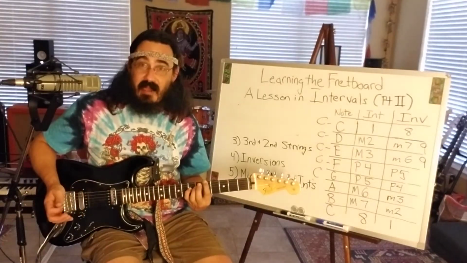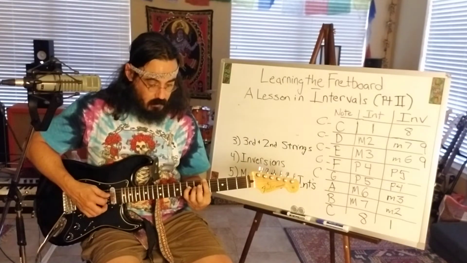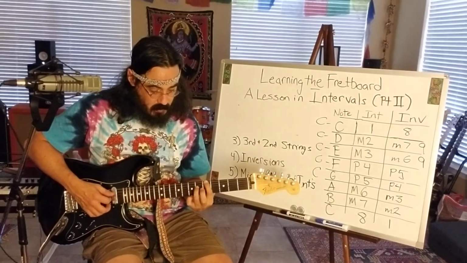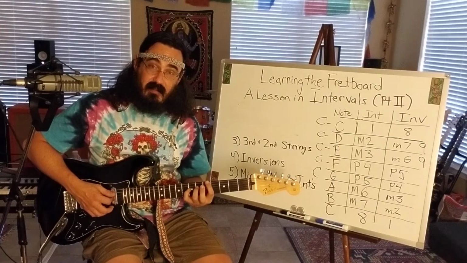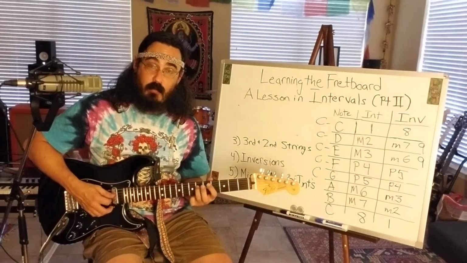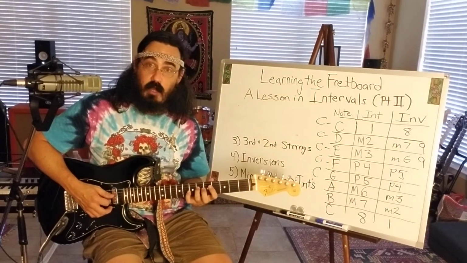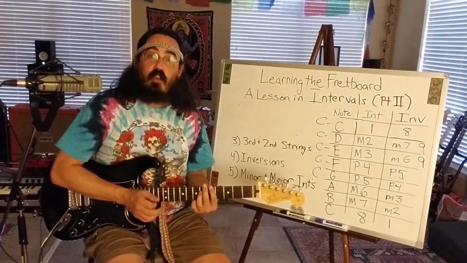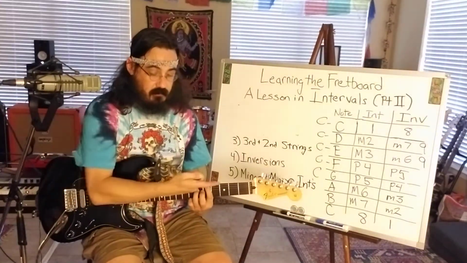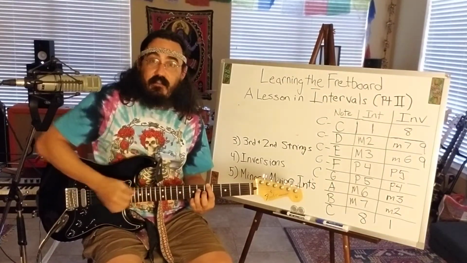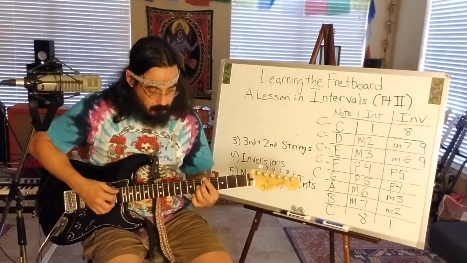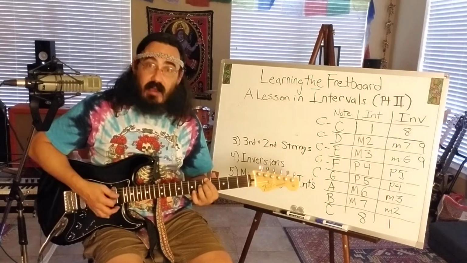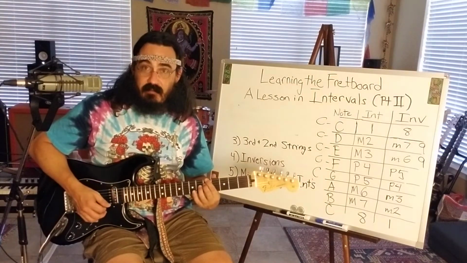Those are both A. As we learned last time, the 7th is 1/2 step away from the 1 or the 8. So this is the interval of a 7. So to make it a minor 7, I move it back one fret. I flatten it 1 fret. So now I have a minor 7th interval.